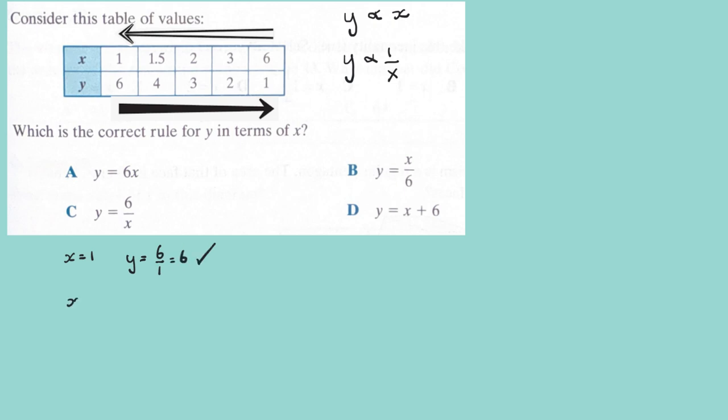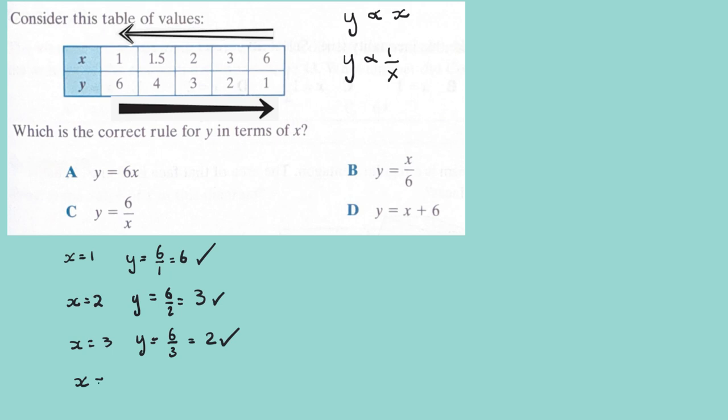When x, I'm going to go to 2 straight away because sometimes it's not necessary to do all of the numbers. y is equal to 6 on 2, which is 3, and that also checks. And when x is equal to 3, y is equal to 6 on 3, which is 2, and we can see that we've got this rule correct.